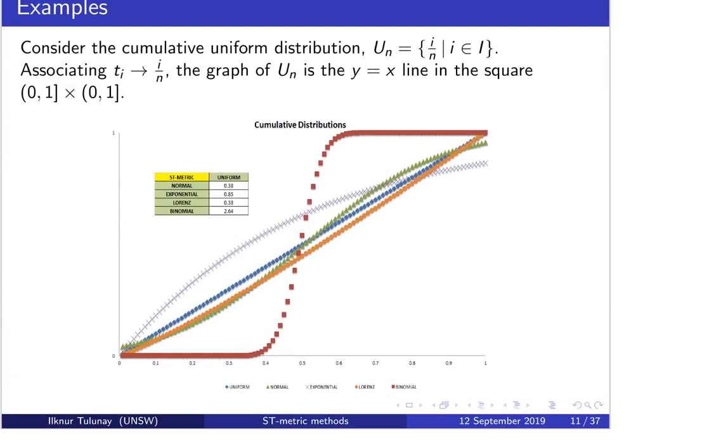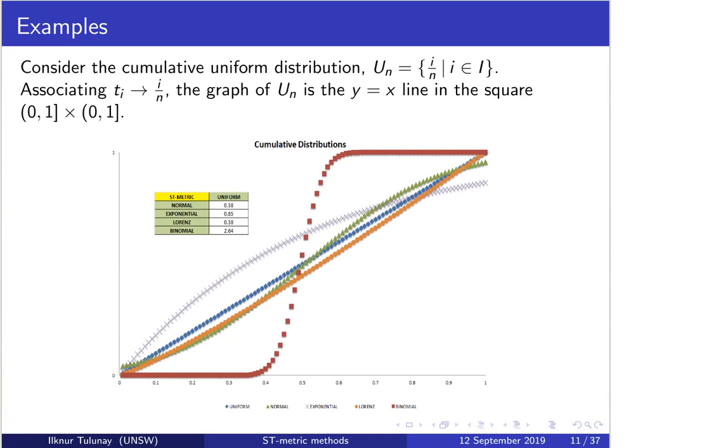So I work it out with certain values, looking at certain distributions with the ST metric. If we have, as an example, the cumulative uniform distribution, U_n will be i over n for each. This is the time, and this represents the values.